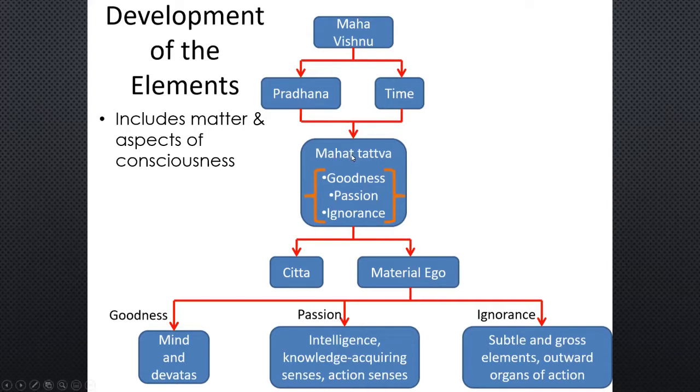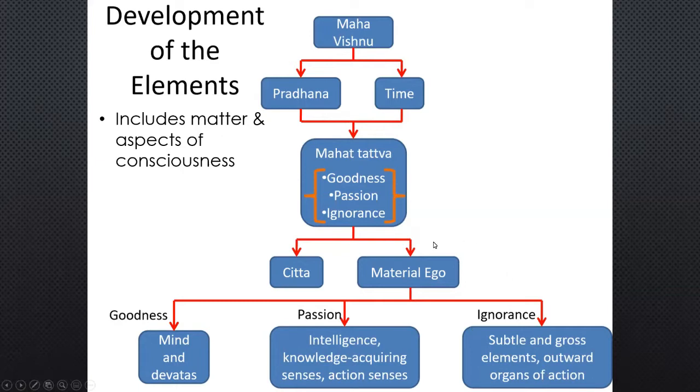And when this Mahatattva is within our own bodies, it is called the chitta. Now, this material ego further develops depending on whether it develops in goodness, passion, or ignorance. If it develops in goodness, then it creates the mind and the devatas. When it develops in passion, it creates the intelligence, the knowledge-acquiring senses, and the action senses. And when it develops in ignorance, it develops the subtle and gross elements and the outward organs of action.